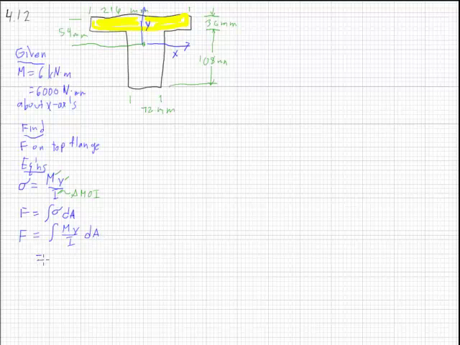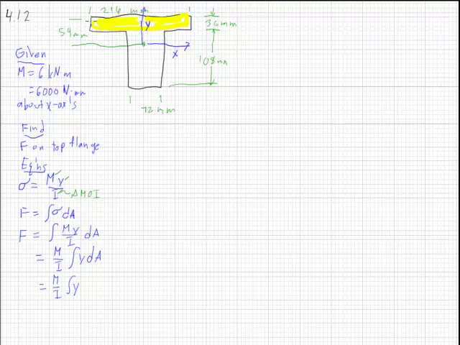And since the bending moment is a constant and I is a constant, I'll bring those outside the integral. And going to break down dA as follows.